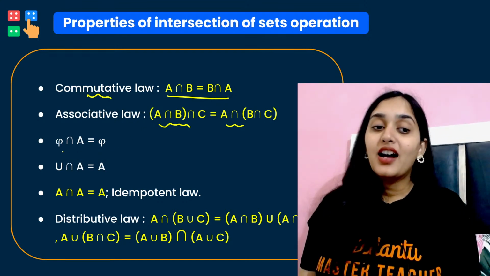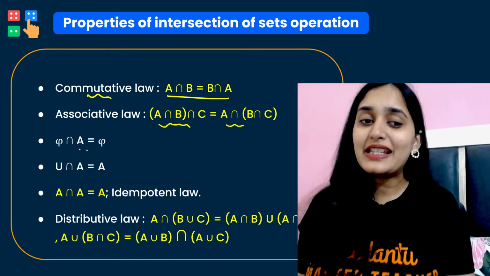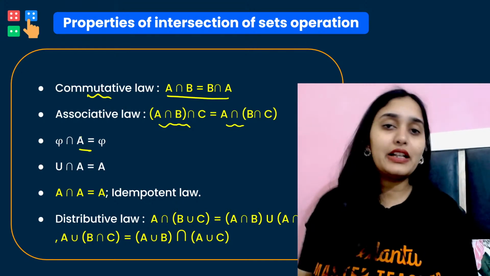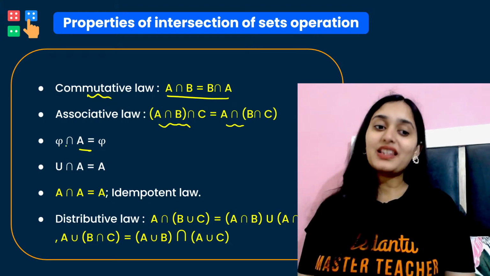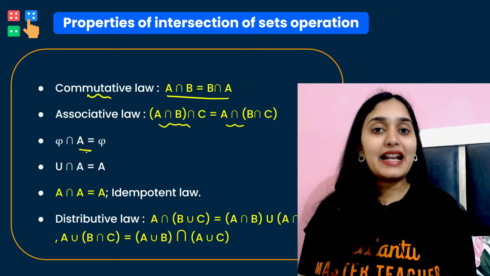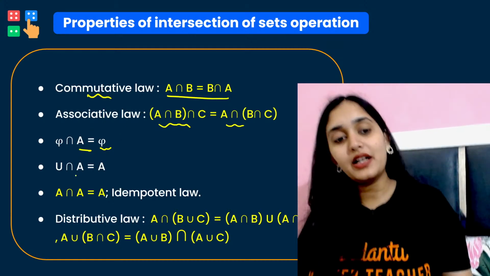Again, here we have something different. What will be common between set A and nothing? Obviously, nothing is common between them. So, phi and set A will have phi, that is null set, as common.